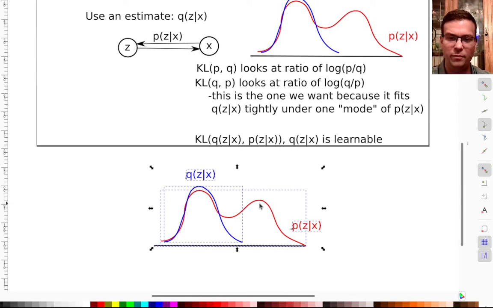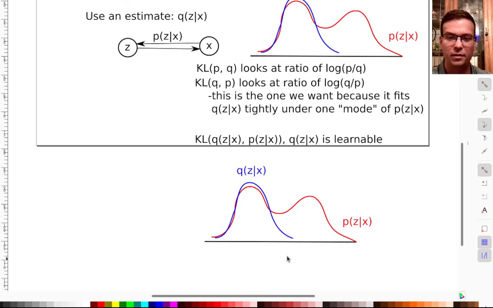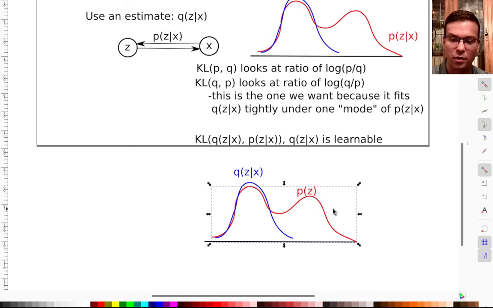I had to wave my hands a little bit on the first one when I was talking about why it would be a good idea to fit an approximation under a single mode. To me, that's a little bit less clear than the fact that when we do the evidence, this is what we do to get the evidence lower bound. Once we get it in that form, it's actually a lot clearer. We see if we have a prior, so our prior was this Gaussian that was a unit norm, if you remember.